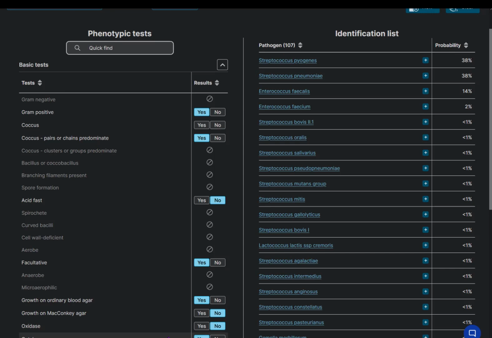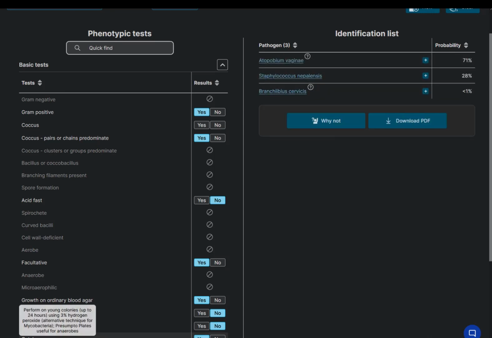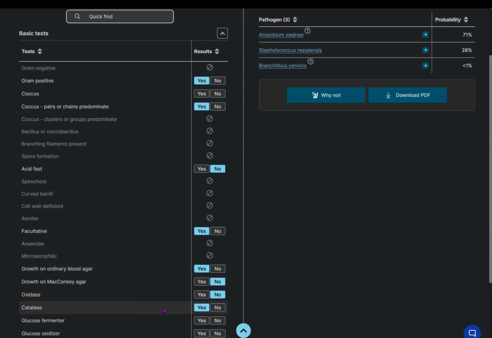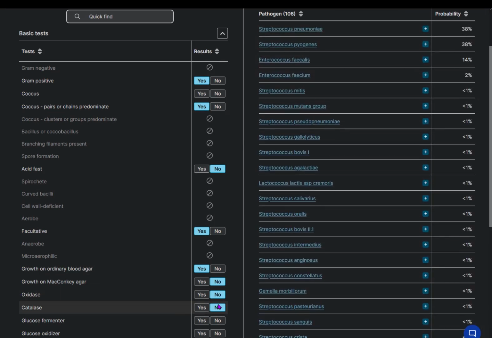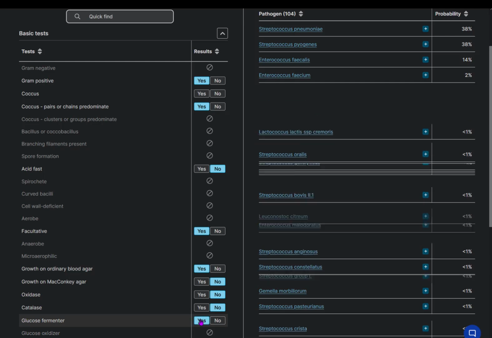These are two enzymes, and again, you can always hover over the test and then see what you actually do for the tests. So it's quite nice to have all that information there. Oh, let's make it catalase negative. So oxidase negative, catalase negative. It does ferment glucose.